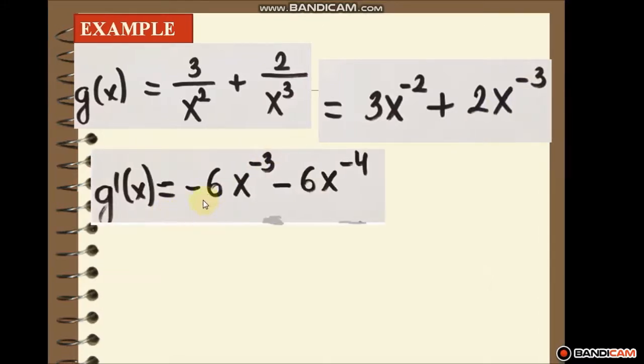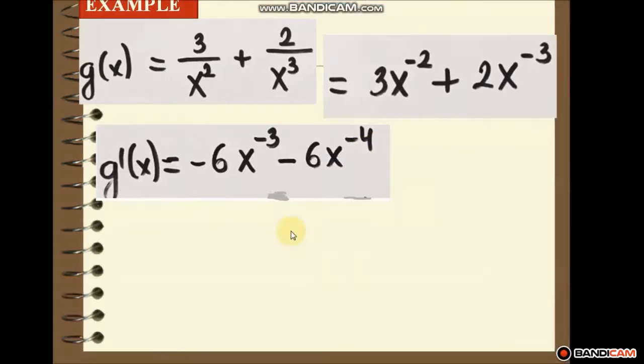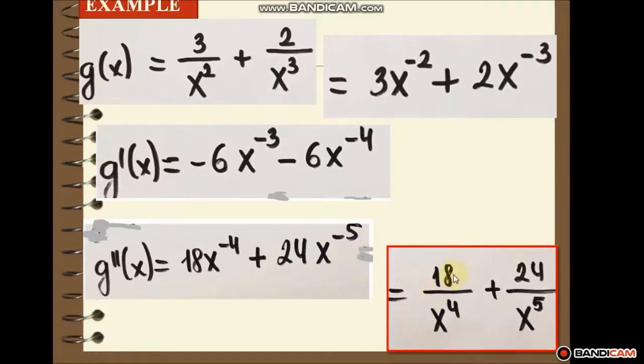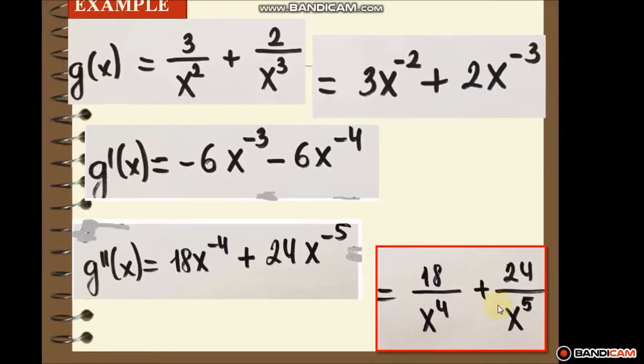This will be -6x^(-3) - 6x^(-4). And the second derivative is 18x^(-4) + 24x^(-5). If we write x^(-4) and x^(-5) in ratio form, our result will be 18/x^4 + 24/x^5.